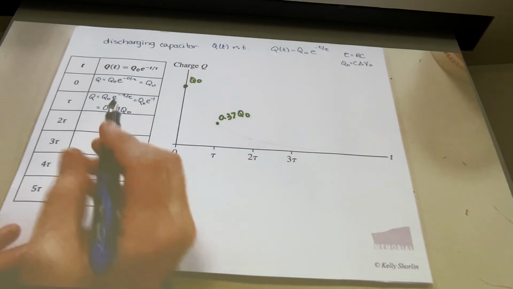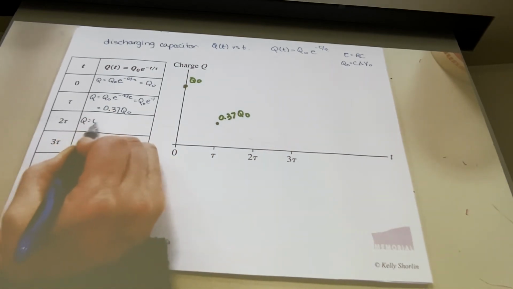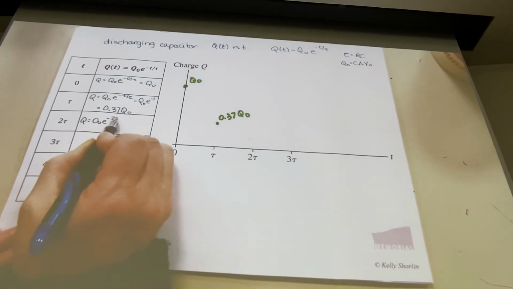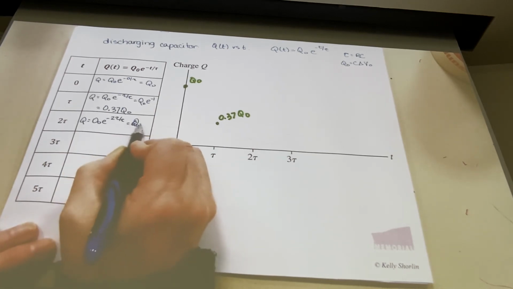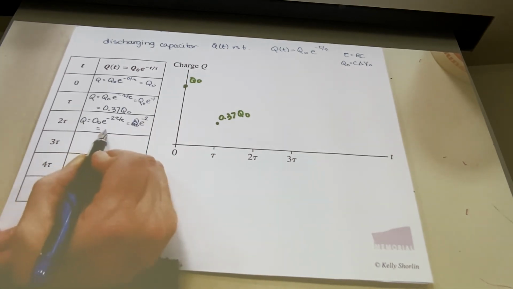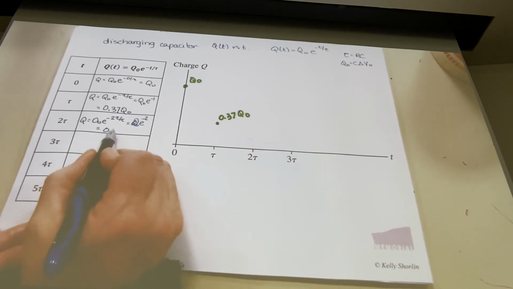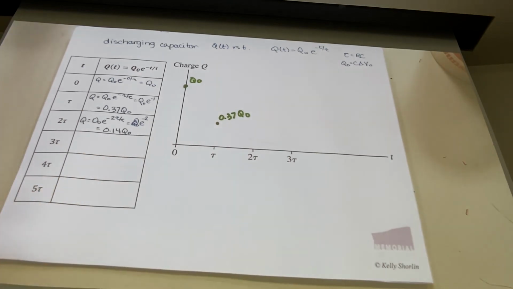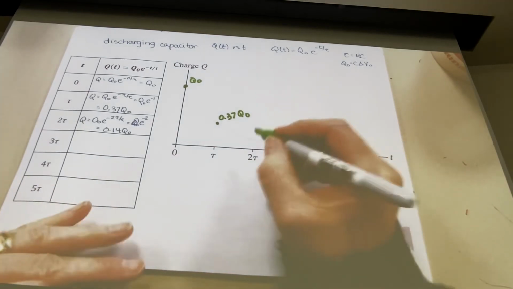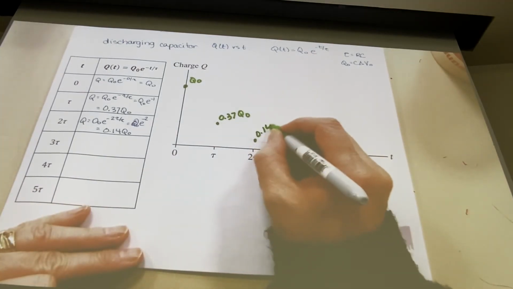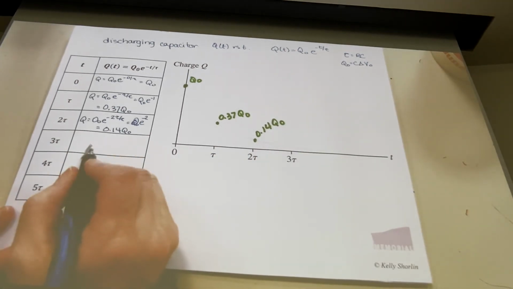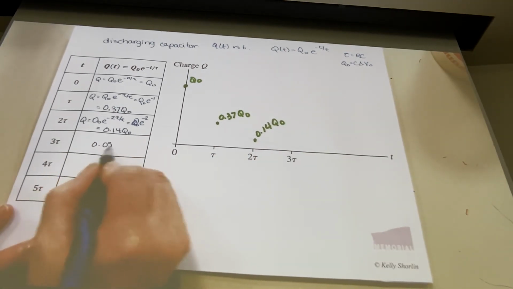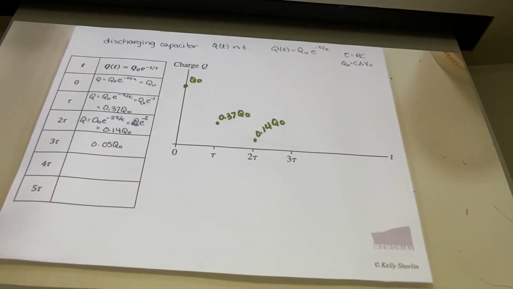After 2 time constants, Q equals Q0 e to the minus 2 tau over tau, Q0 e to the minus 2. That's equal to 0.14 Q0. So after 2 time constants, we're down to 14%. So it's getting smaller. After 3 time constants, we're down to 0.05 Q0, or 5%.